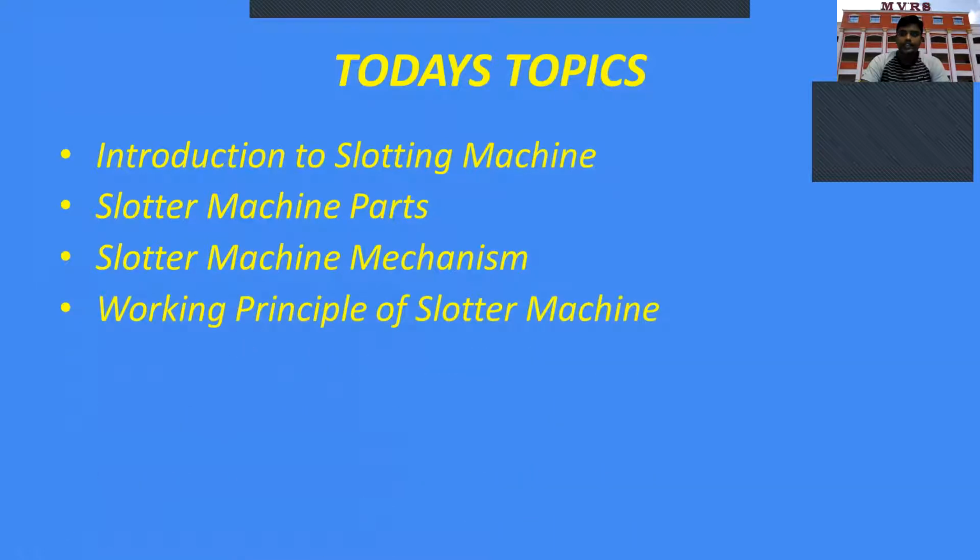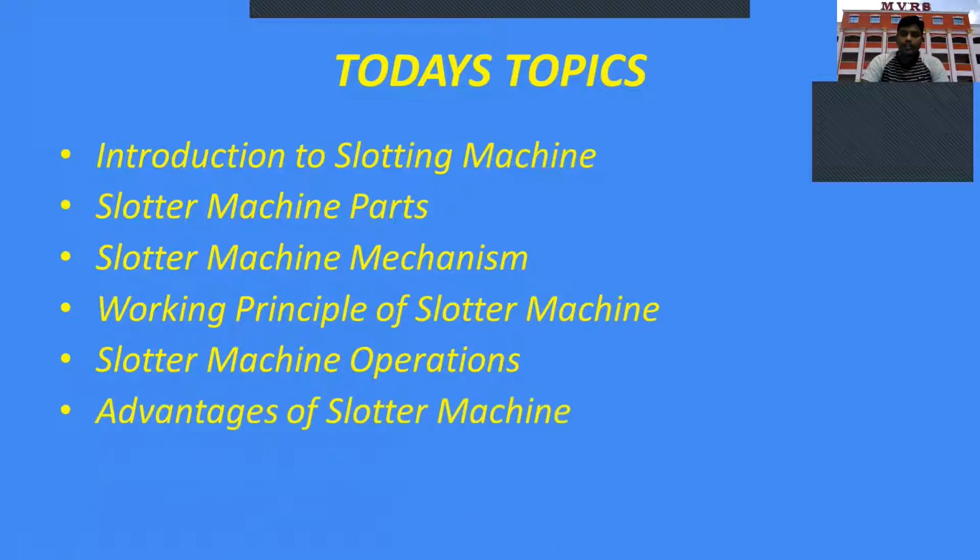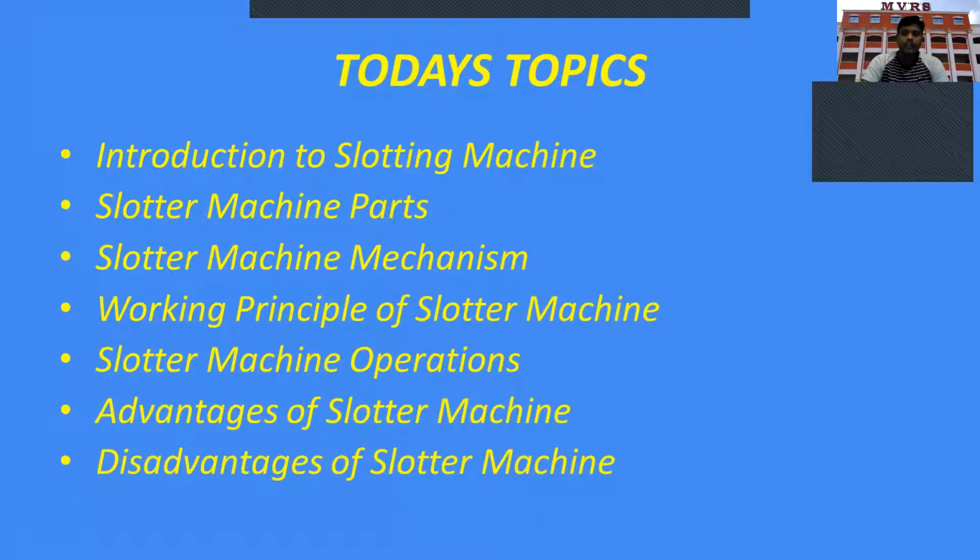Next is the working principle of the slotting machine. Next are the operations that can be performed using a slotting machine. Next are the advantages of the slotting machine, and finally the disadvantages of a slotting machine. Okay, these are the topics that we are going to discuss today.